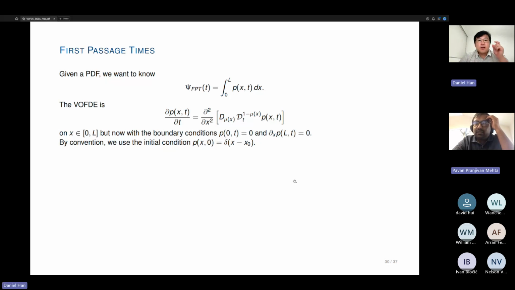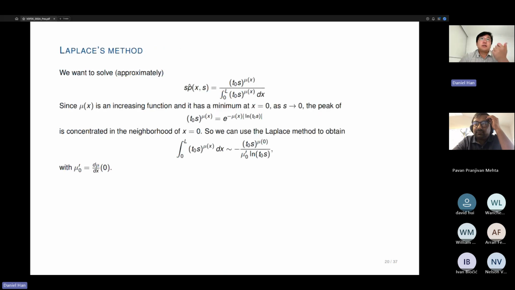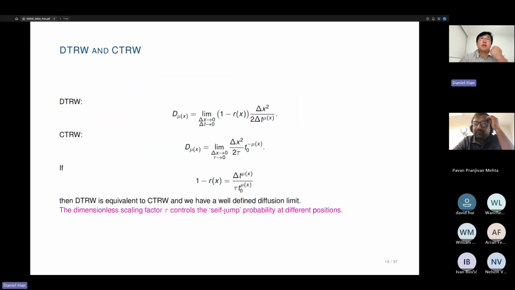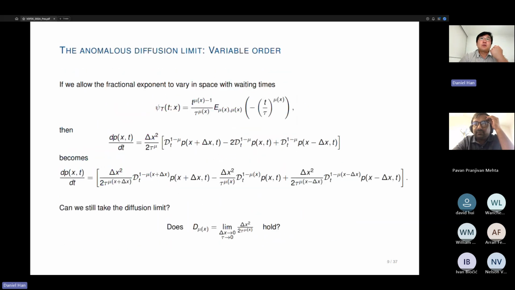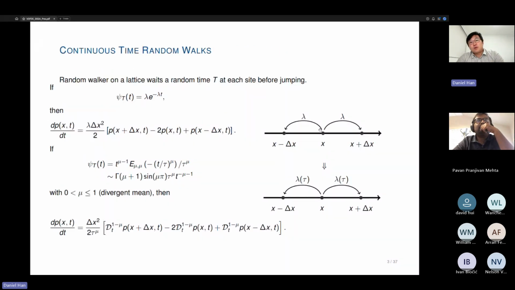Yes. If you think about the underlying stochastic process, it becomes, in my opinion, a lot more clear. If I go back to when I introduced these diagrams here, generalizing from the diffusion equation to the fractional diffusion equation, we just said that the rate at which I jump from site X now depends on how long I resided in site X, and that gives me lambda tau. That's actually what generates the Riemann-Liouville fractional derivative in my governing equation, right?